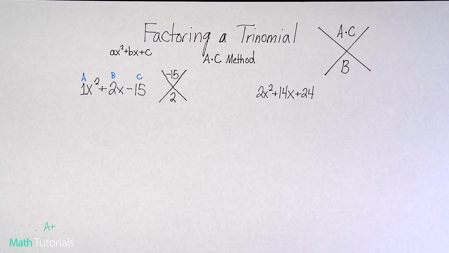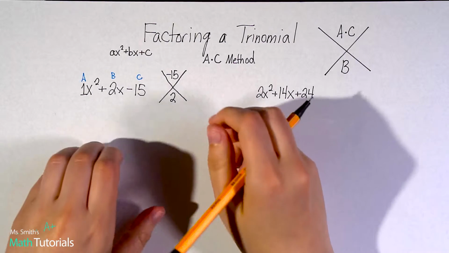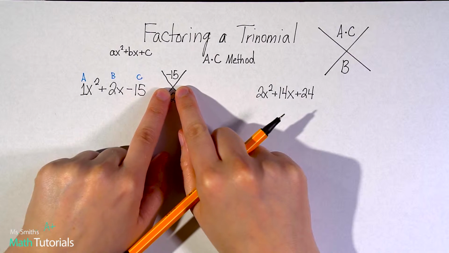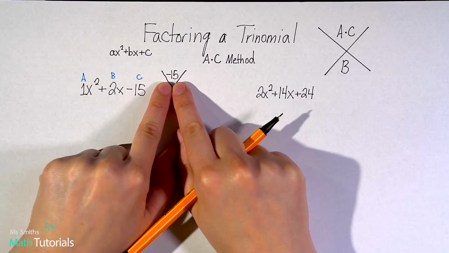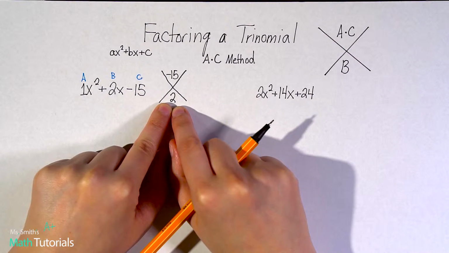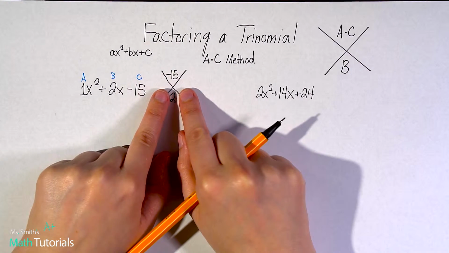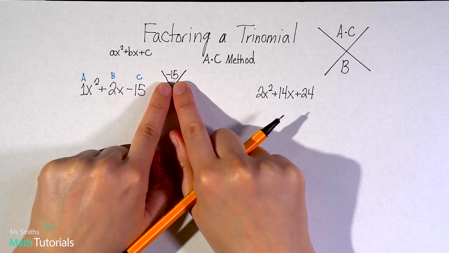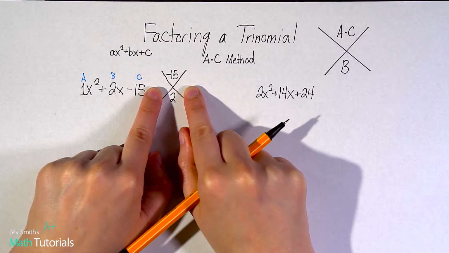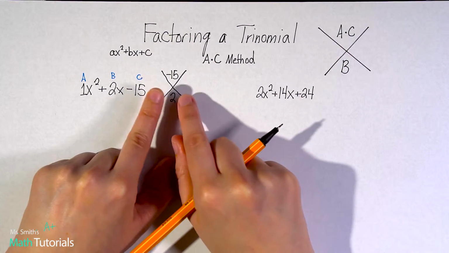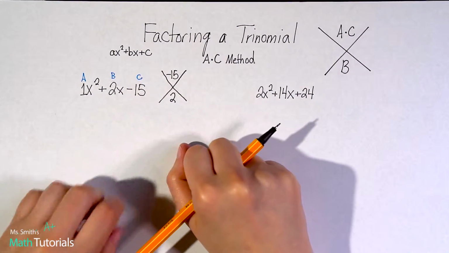Now our goal in doing this X box is to figure out what would be two numbers that multiply and give me negative 15 and add together to give me 2. So I'll say that again. We're looking for two numbers that multiply together to give me negative 15, but they add together to give me 2. So we've got to fill in these two blanks right here.